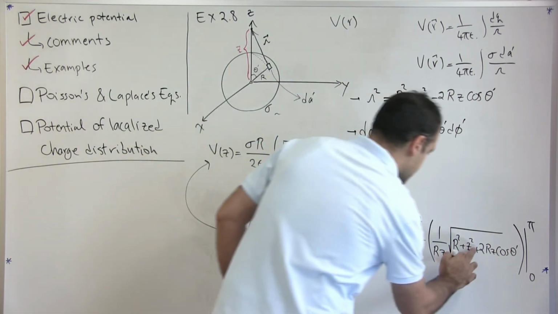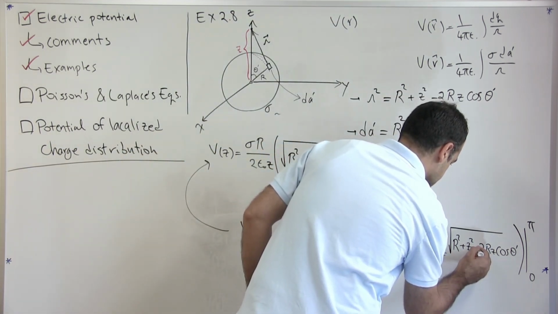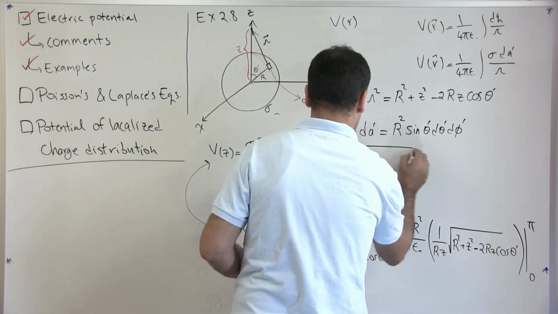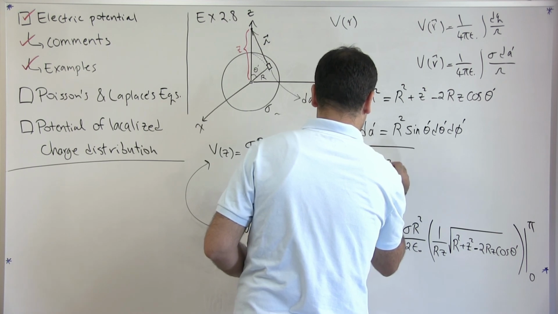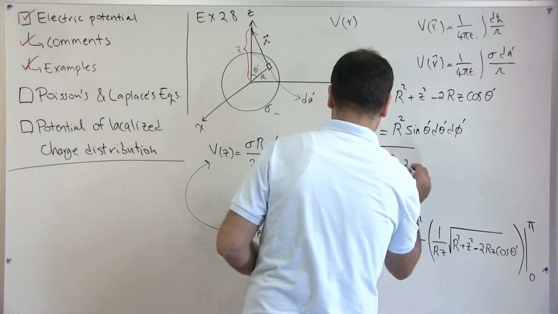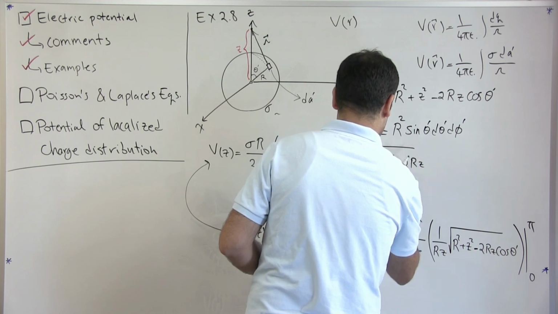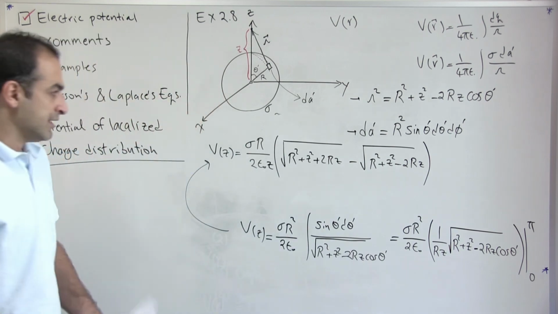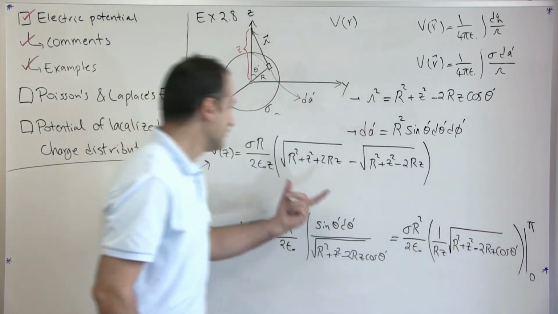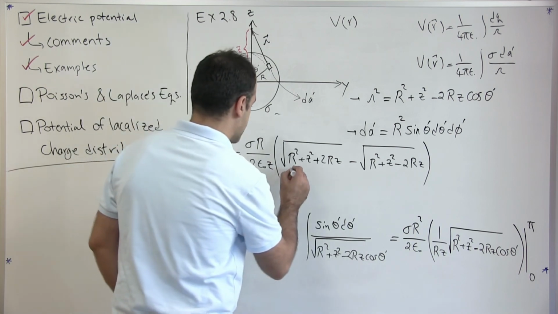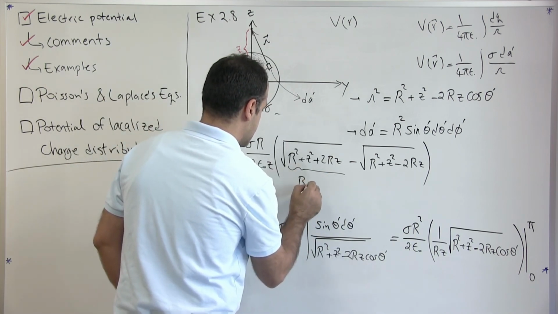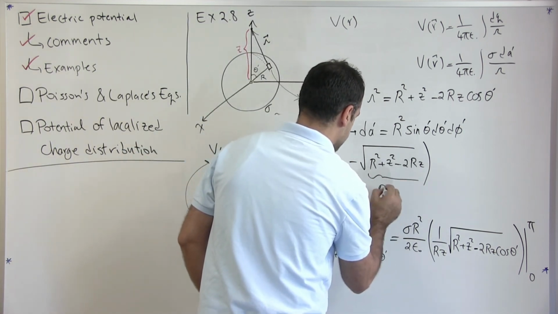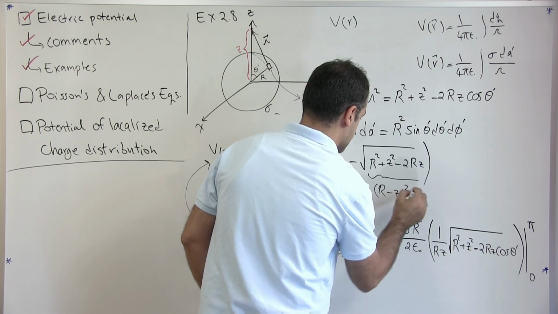Yeah, I think this should be a negative sign. Minus the square root of r squared plus z squared minus 2rz. And this is negative here. So the limits, each of them give me one term. And if you look at these, this is basically r plus z squared, and this one is r minus z squared.